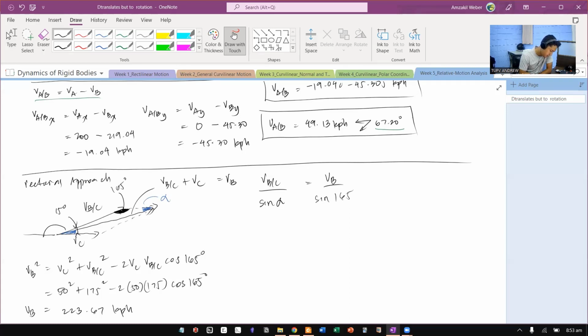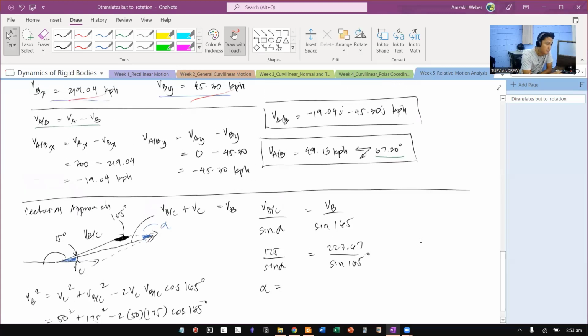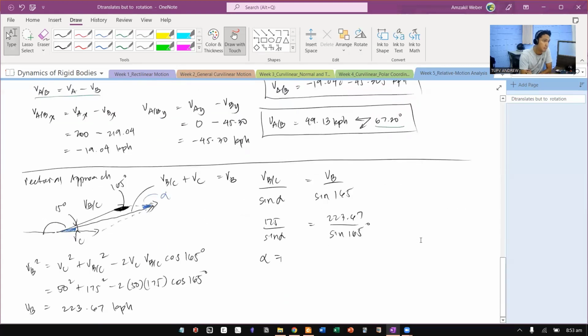So the sine alpha: BBC is 175, BB is 223.67, sine 165 degrees. Our alpha should be around 11.68. Let's check. That is correct.